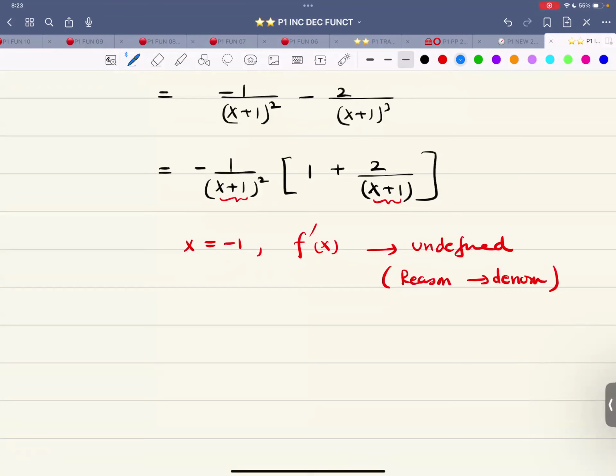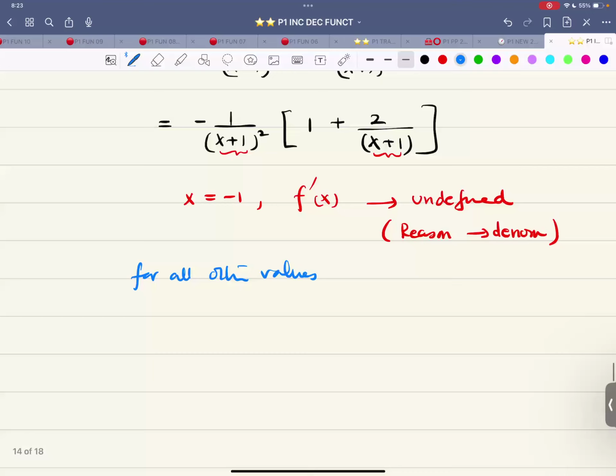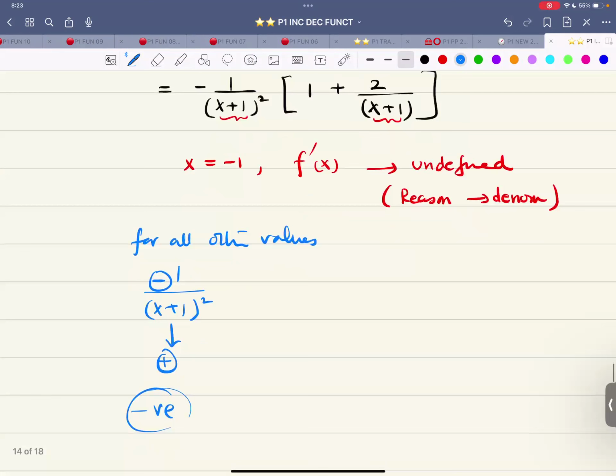Now for all other values, we have a -1 over (x plus 1) squared, and this thing will not be 0. That is out of the question. So this thing will be positive, but because of the negative, this thing will be overall negative.